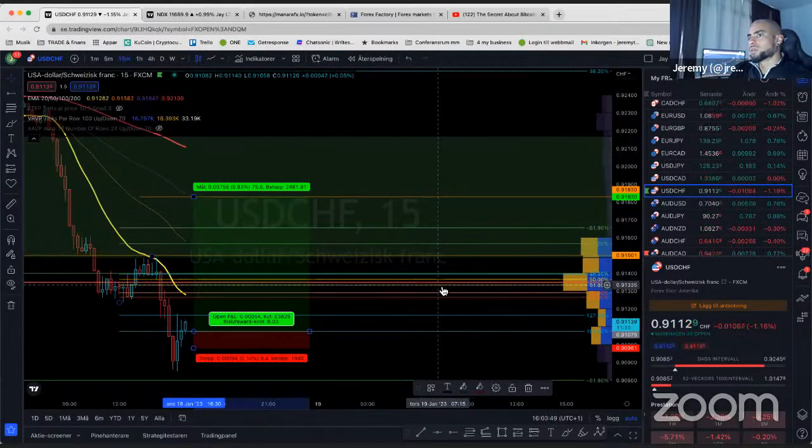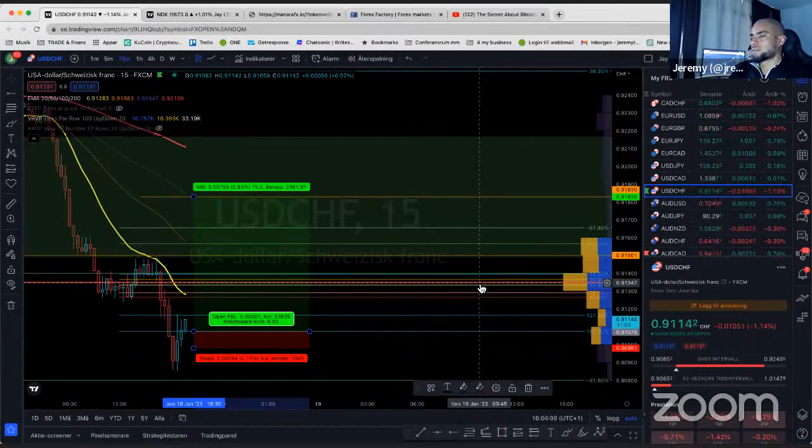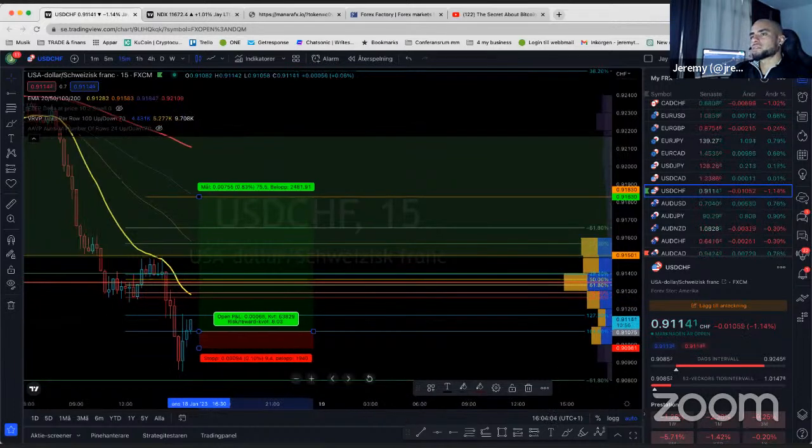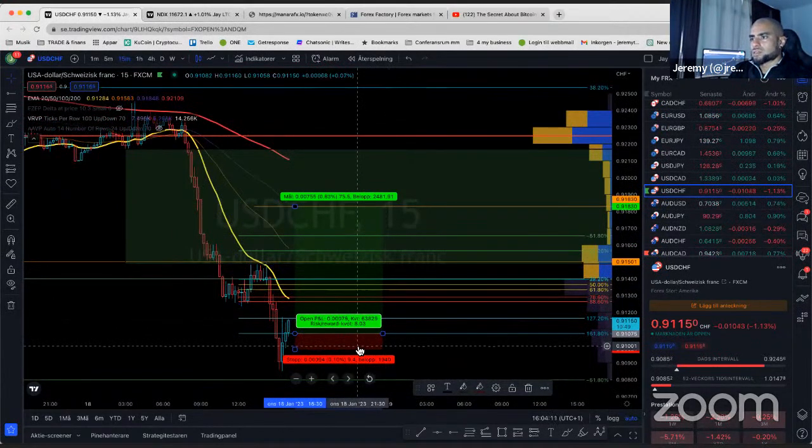Take profit one would easily be here at 91.35. Sorry, not 91.35. I mean 0.9135. Pardon my mathematics. And it's going up actually. This trade is moving.